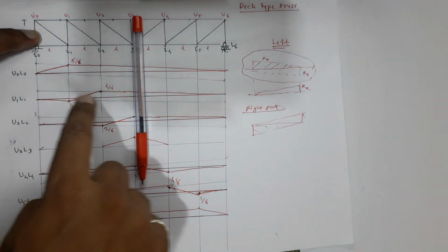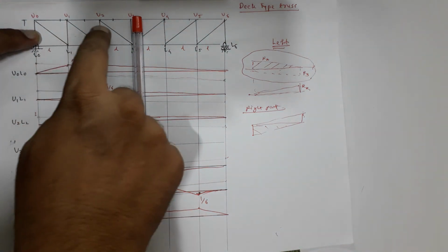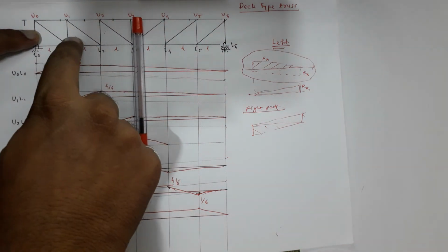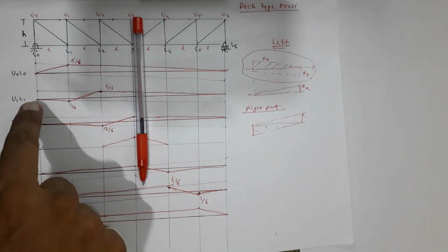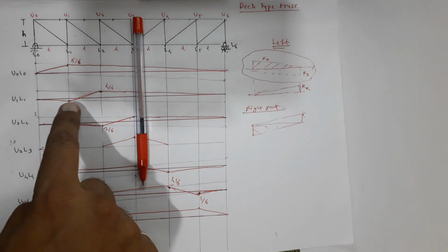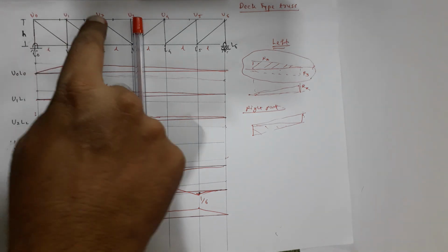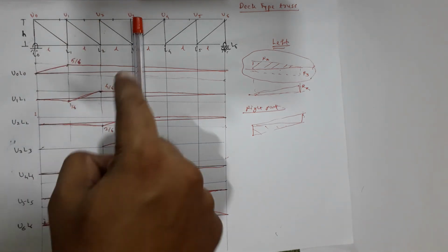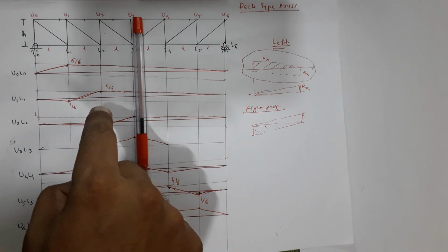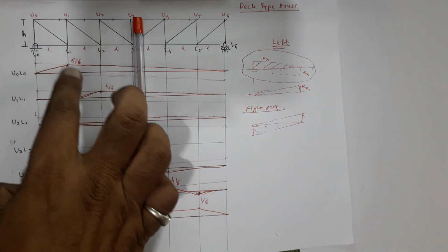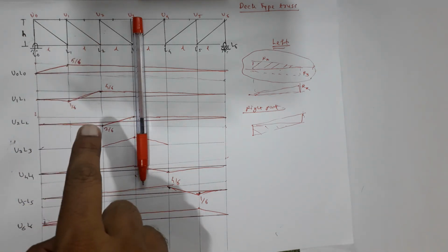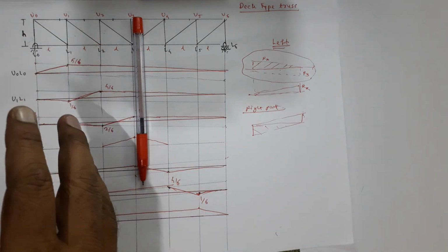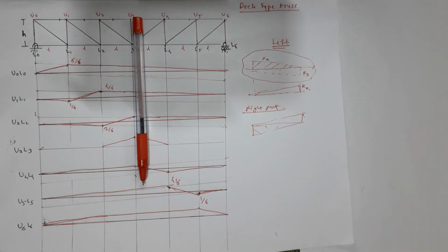Whereas U1 L1 and U2 L2, that is these two vertical members in the left part, initially for some starting distance the force in these members is tensile, and thereafter it changes to compressive. So for all the vertical members other than the extreme vertical member in the left part, the forces are initially tensile, and then change to compressive.